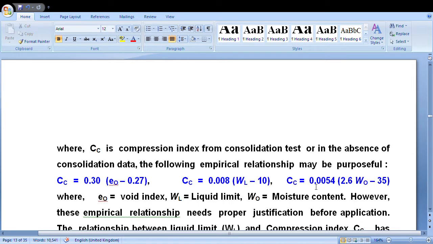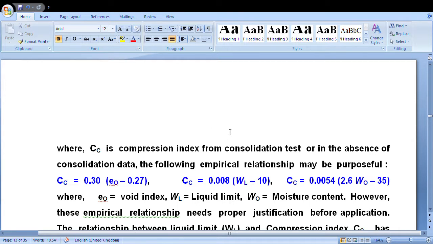To some extent, this moisture content equation is a little bit reliable, but it is not at all reliable, since for the same liquid limit soil, there may be a void ratio of 0.5 or there may be a void ratio of 1.